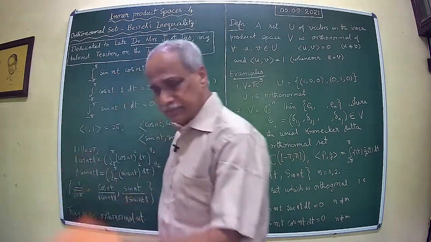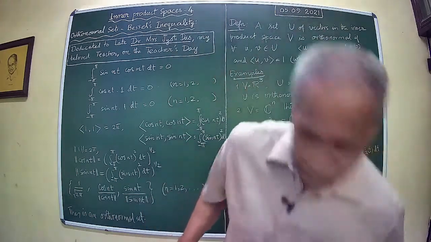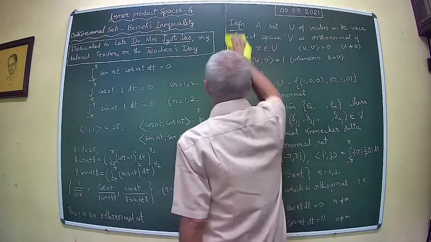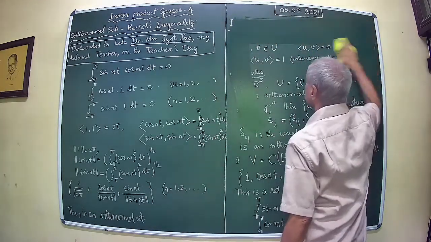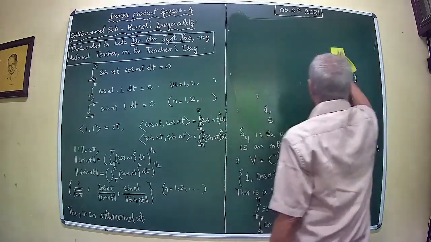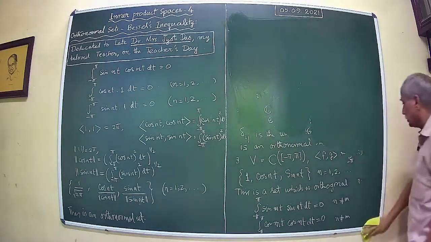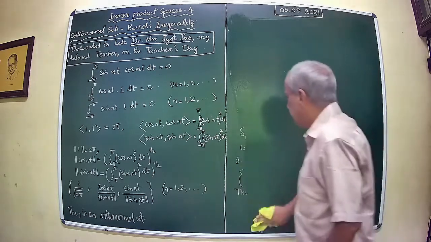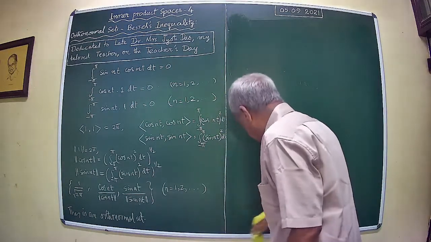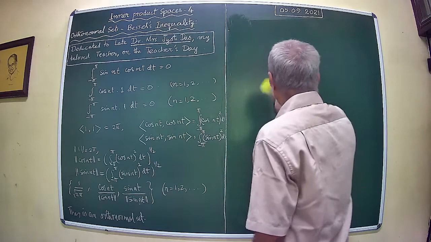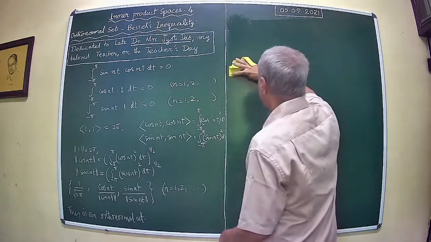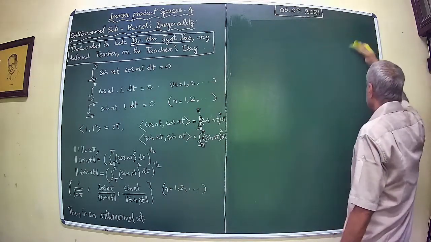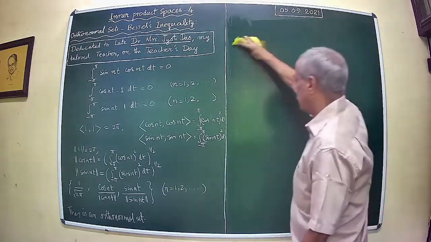Now we make certain observations on this. We first observe that every orthonormal set in an inner product space is a linearly independent set.